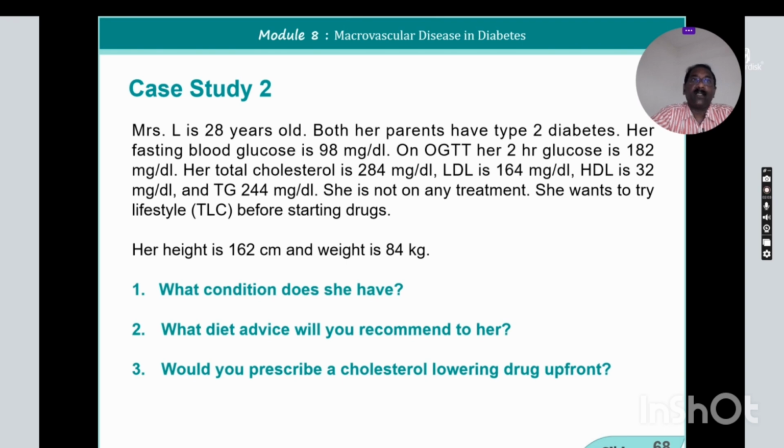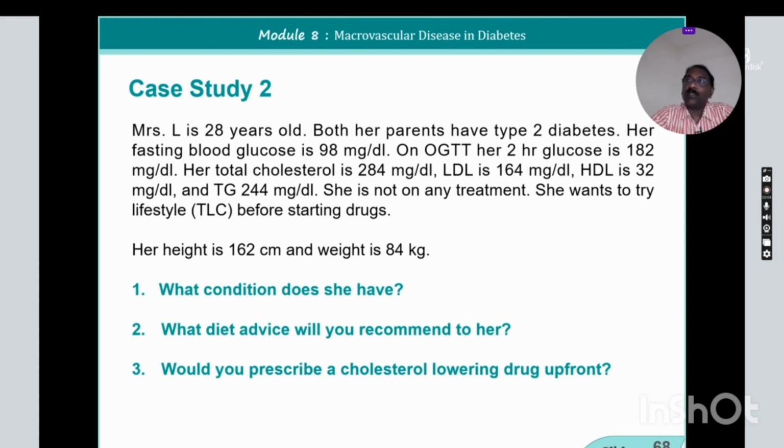Then the physical activity. How much? Not 30 minutes a day. Maybe 60 minutes a day, or maybe 1.5 hours a day. So 3 slots, each slot about 30 minutes. Or morning and evening, each slot about 45 minutes. A lot of things have to be done. With good exercise and a good dietary approach, she will come to the normal stage.